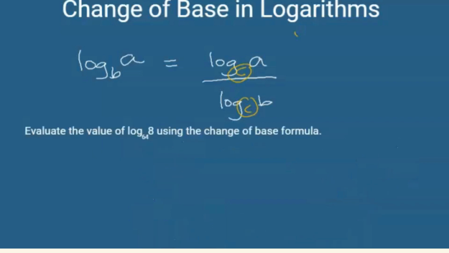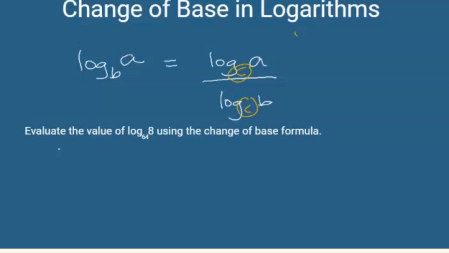Next example, evaluate the value of logarithm of 8 to the base 64 using the change of base formula. Okay, try this one, pause the video and do it on your own. Okay, let's check your answer.